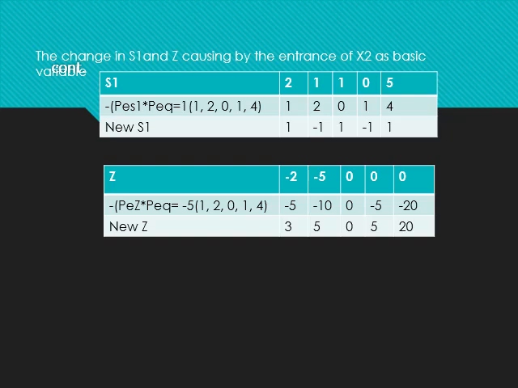So negative 5 should be multiplied by 1, 2, 0, 1, 4, and we will get negative 5, negative 10, 0, negative 5, negative 20. The new Z is: negative 2 minus negative 5 is 3. Negative 5 minus negative 10 is 5. 0 minus 0 is 0. 0 minus negative 5 is 5. 0 minus negative 20 is 20.